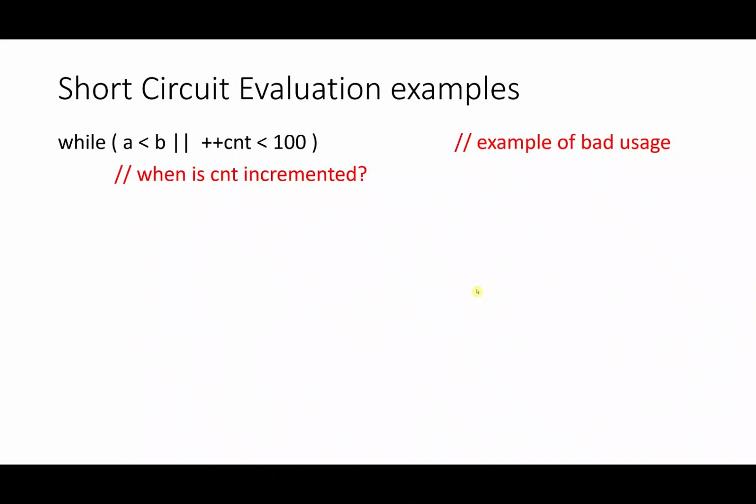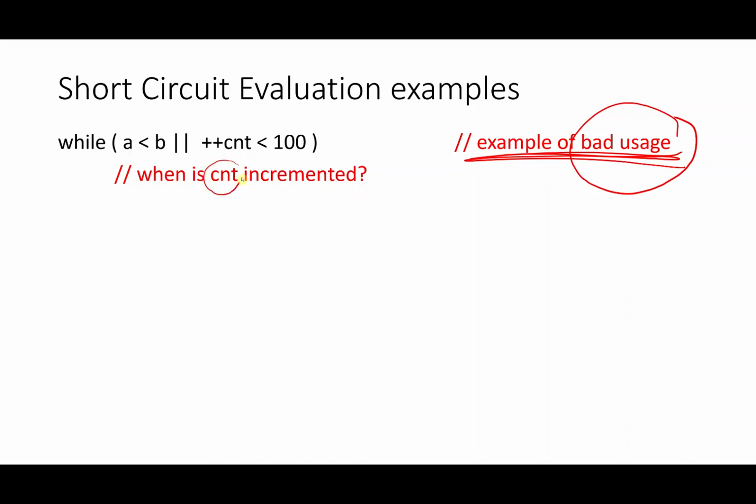So here is something, and you need to make sure you understand how to use it. You don't want to fall into the bad usage of it. So while a less than 10, while a less than b, or plus count less than 100.